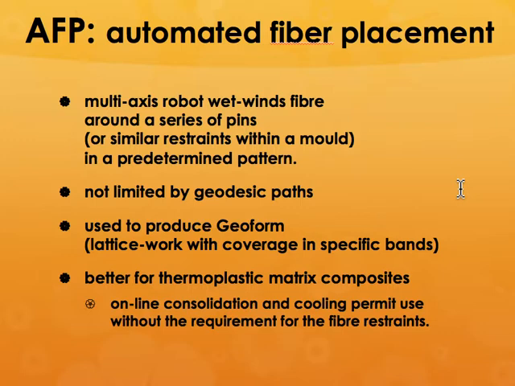You can have pretty large components, and this is one of the best methods for thermoplastic matrix composites. What it can also do is press it down, and then you can have a heating head going and consolidating or partially curing the component before the whole component is placed inside an autoclave or something like that in order to cure the whole structure.